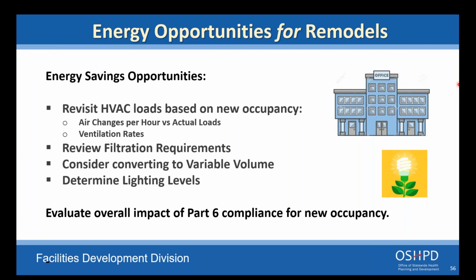Again, what we're doing is looking at if you are doing a remodel, even though it doesn't apply, these are times to look at the opportunities of what's in the facility. And a lot of this could be applying, especially if you're removing a building from acute care service. You don't have the same demands or requirements to be met. And so continuing on, considering converting to variable volume air and determine lighting levels that would be required for specific tasks.